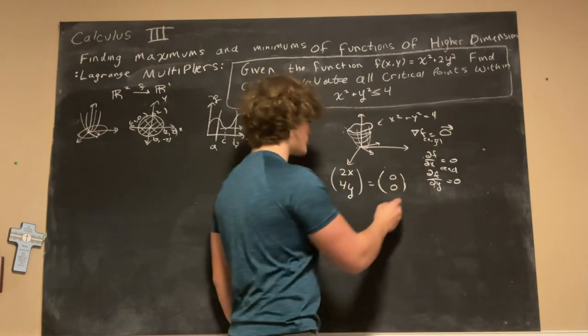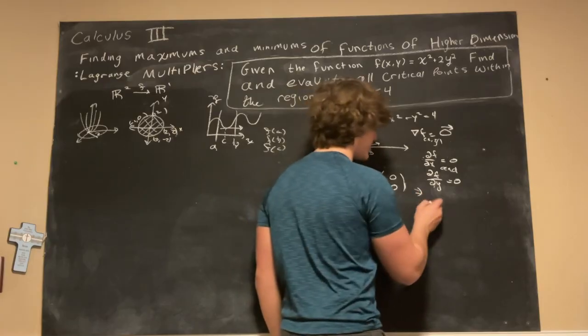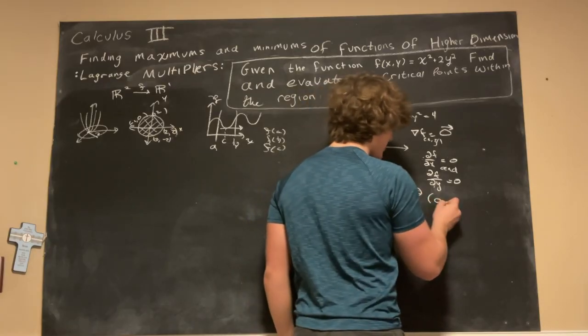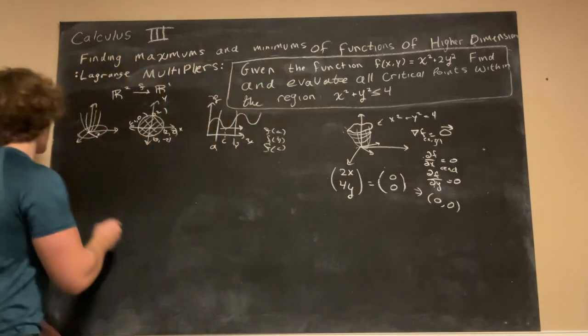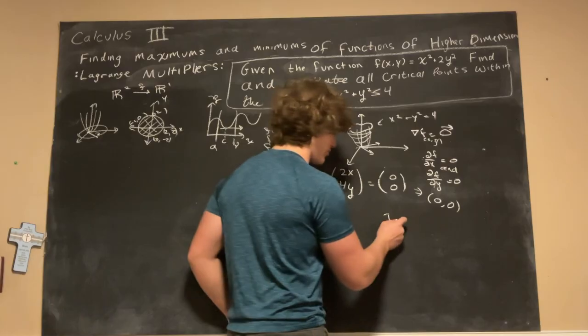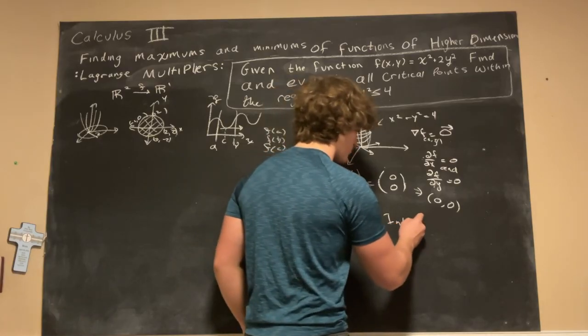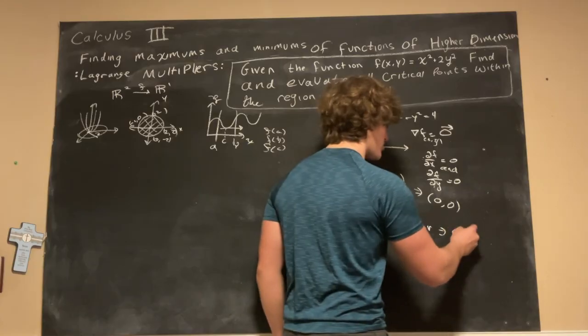So 2x is equal to 0 and 4y is equal to 0. It is quite clear that our point is just 0, 0. This is our first critical point, which I will label over here as an interior critical point.